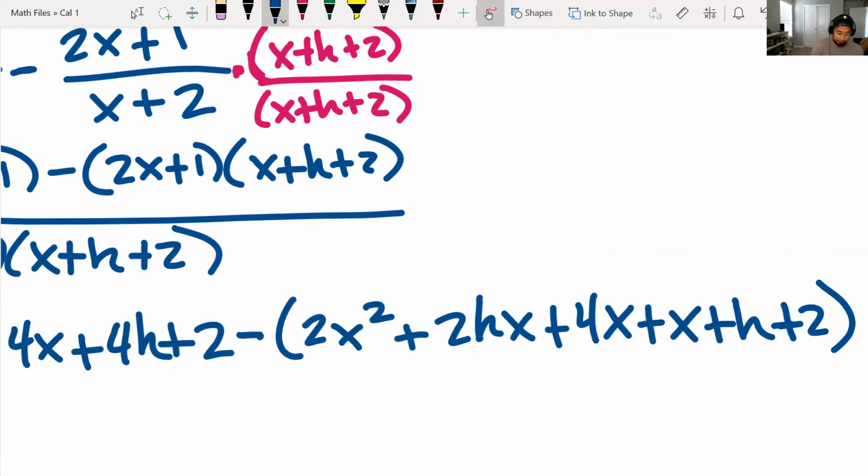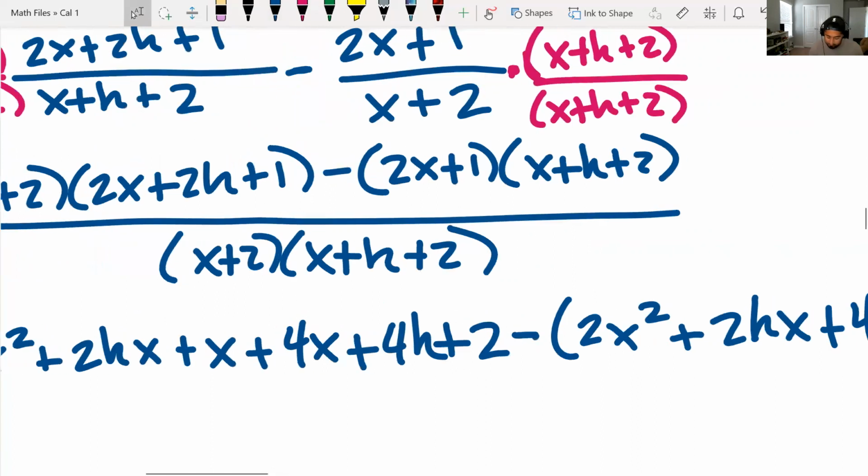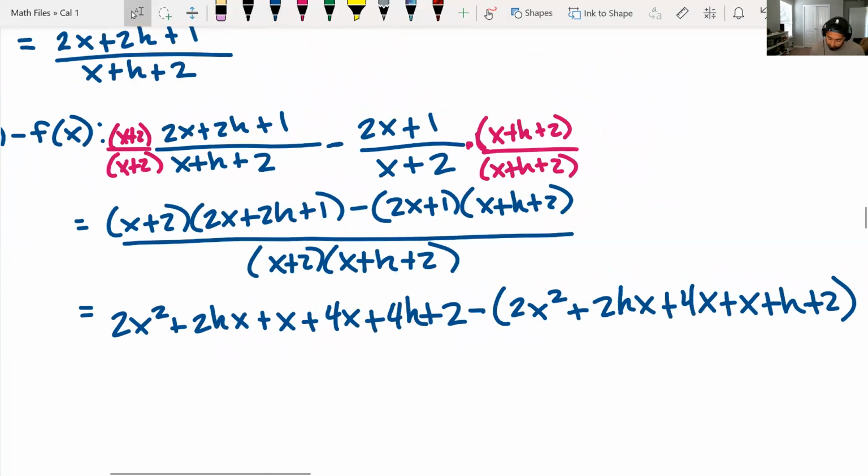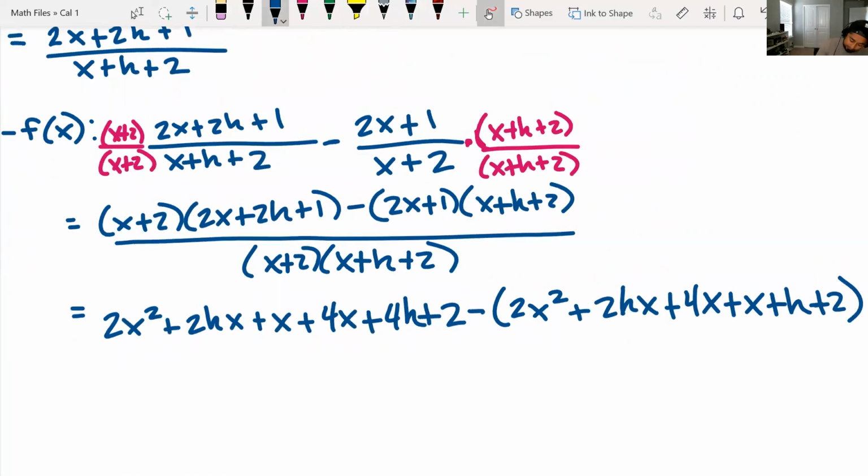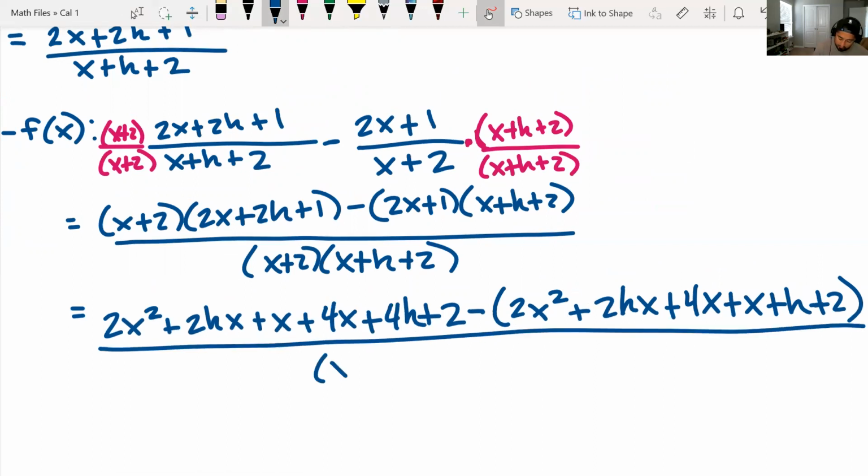Oh, that's a lot, right? All over the same denominator. Look at all those terms. All over x plus 2 times x plus h plus 2.